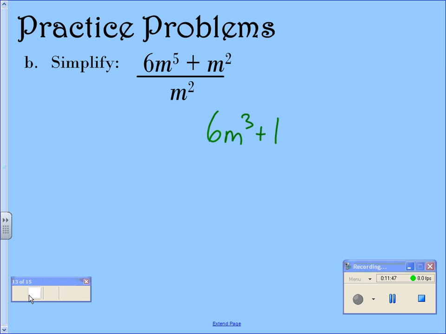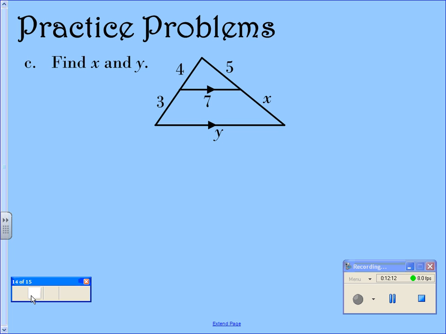Do it. You would factor out an m squared, right? And then these two would cancel, leaving you with just 6m cubed plus. Does that make sense? Any questions? Okay.